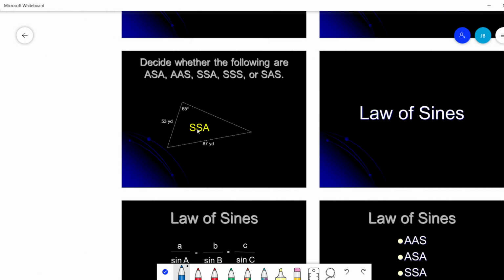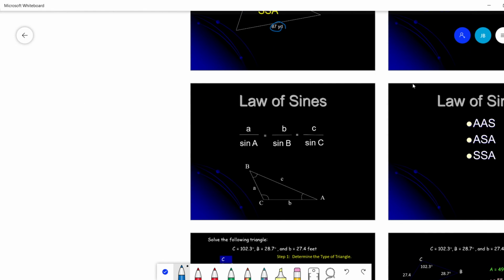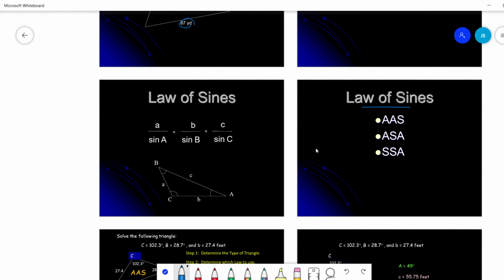And this one, this is a side, and this is an angle. So that is SSA. For the law of sines, that would be a over sine A is equal to b over sine B is equal to c over sine C. The law of sines purely tackles angle, angle, side and angle, side, angle.